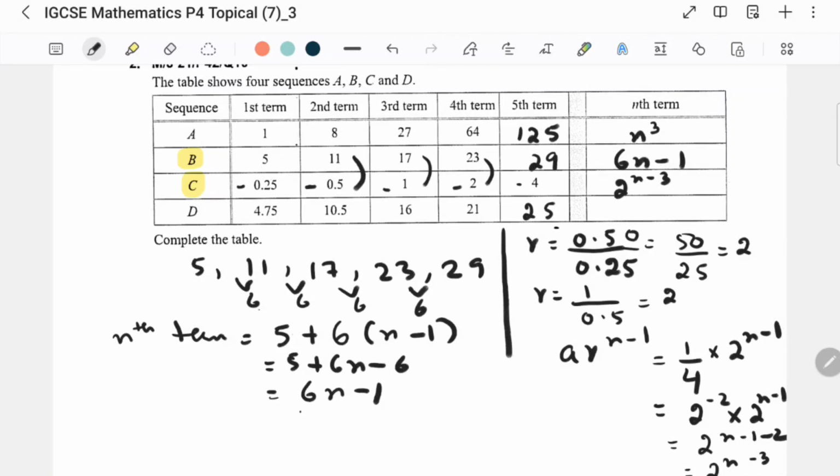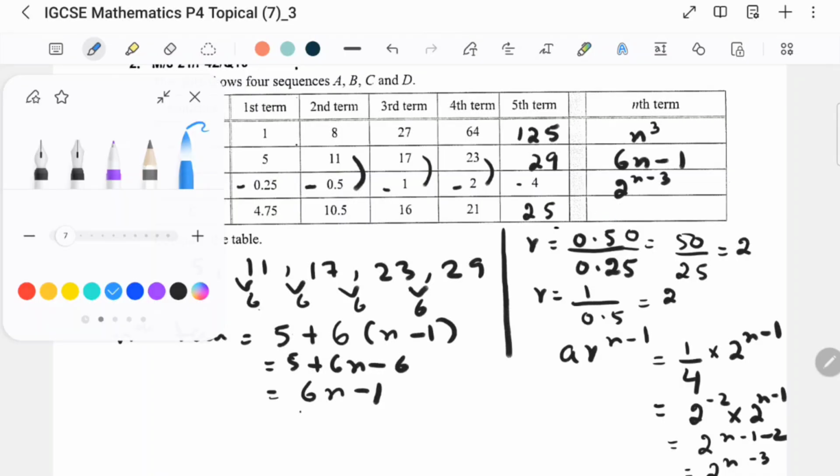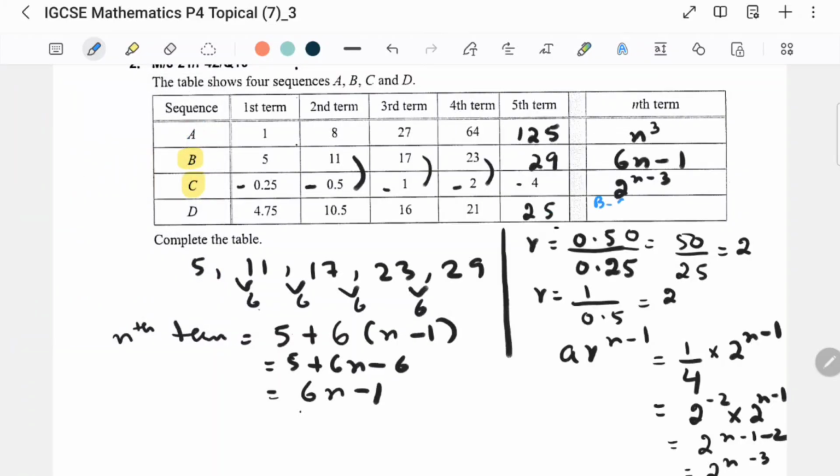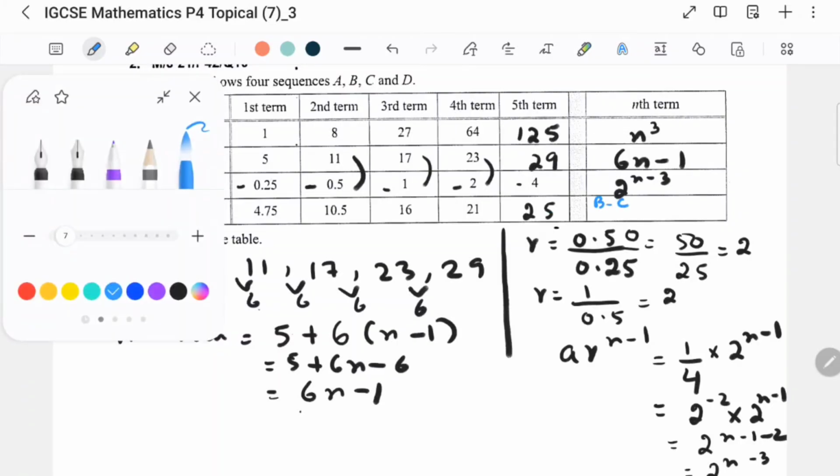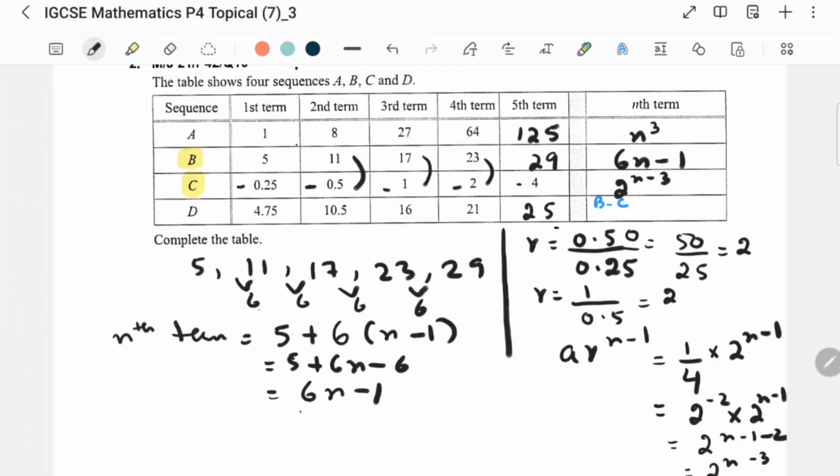And then you can write down that d is b minus c. What is b? b is 6n minus 1, this one, and then minus 2 to the power n minus 3. That's okay for this question.